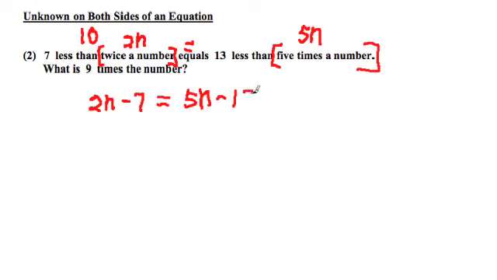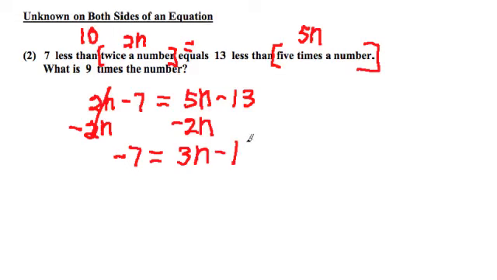And if you have the unknown on both sides of the equation, you want to subtract it out from one side at first to eliminate it from that side. And you want to subtract it from the side that has fewer, so it ends up being positive on the other side. So we add 13 to both sides.